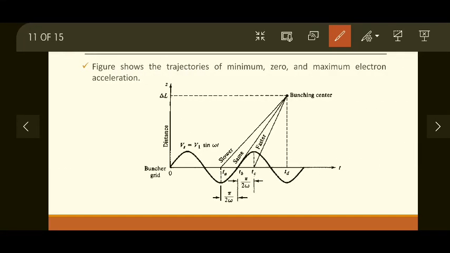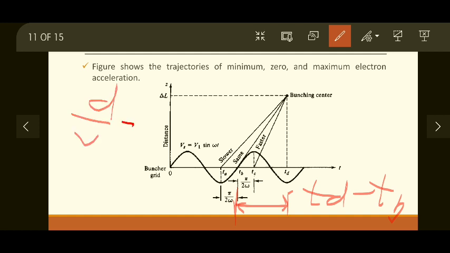Delta L is Td minus Tb, where Tb is the time at which there is no velocity change and Td is the bunching center. Td minus Tb multiplied by velocity gives you the distance, because distance upon velocity is time, so velocity into time is distance. That is used for the calculation of delta L: V0 into Td minus Tb.